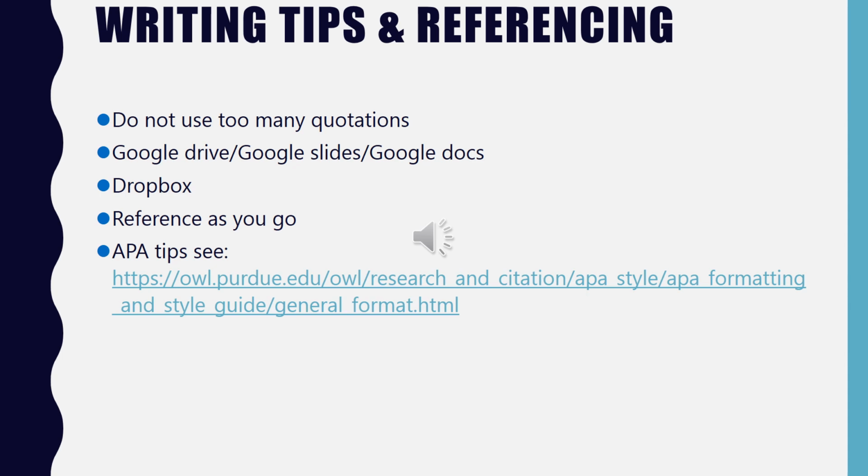I would recommend as well that you do not use too many quotations. Sometimes I get a paper or discussion board posts where it's one long quotation from an article, whether it's an academic, peer reviewed article or a gray piece of literature, where the whole post by the student is in quotation marks.